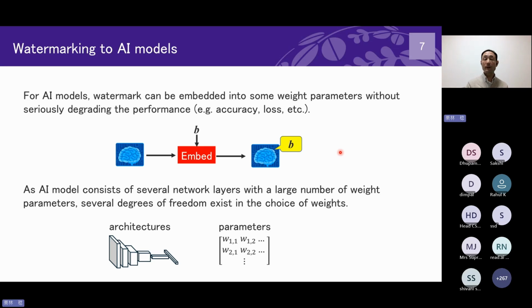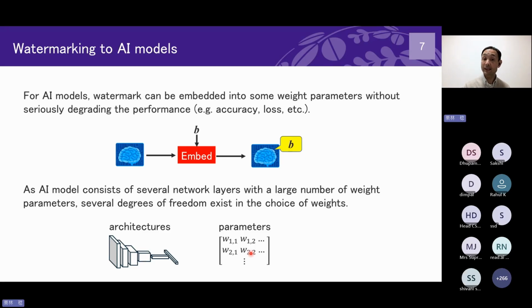So the difference from multimedia contents is that AI models consist of several network layers and a large number of weight parameters. So the candidates to embed the watermark information into the AI models are such architecture and the parameters involved in the model.